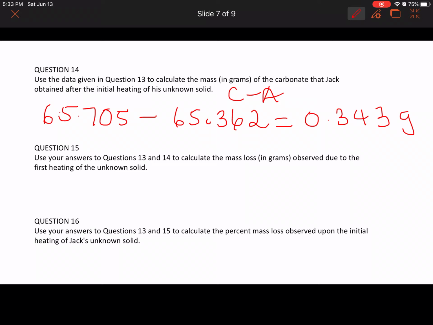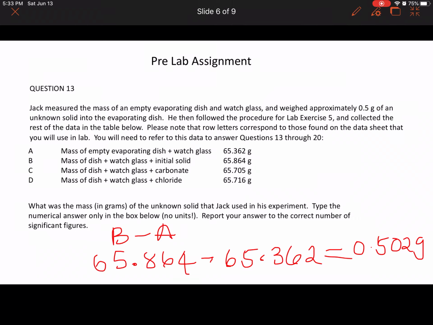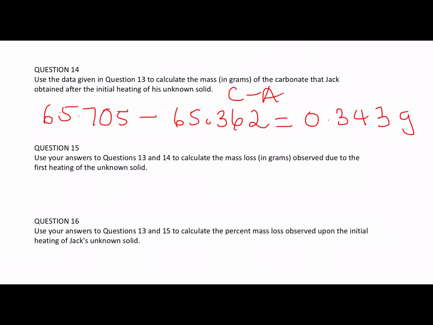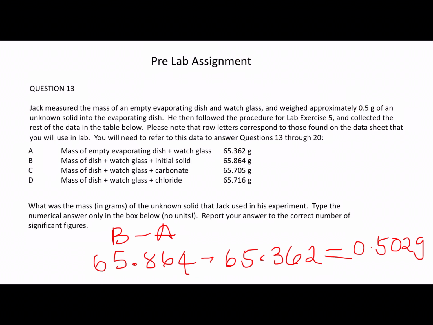Okay. Use your answers to 13 and 14 to calculate the mass loss observed due to the first heating. So the mass loss is going to be, so okay, you're going to be using 13 and 14. On 13 you have the mass of the initial solid, which is 0.502 grams.